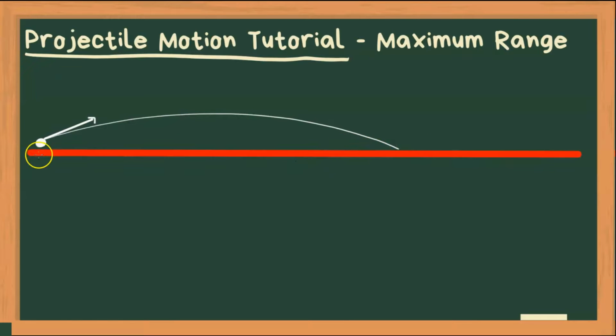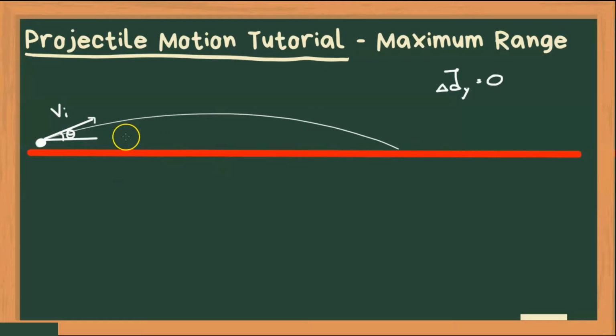That means since it's a level surface, its initial and final vertical position are the same, so we can say that delta dy is going to be equal to 0. And we're going to shoot something or throw something at some initial velocity, and I want to know at what angle I should throw it so that we get a maximum range.